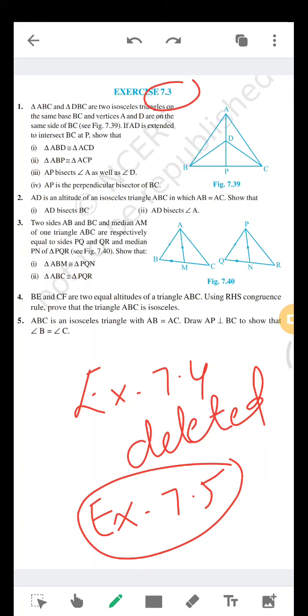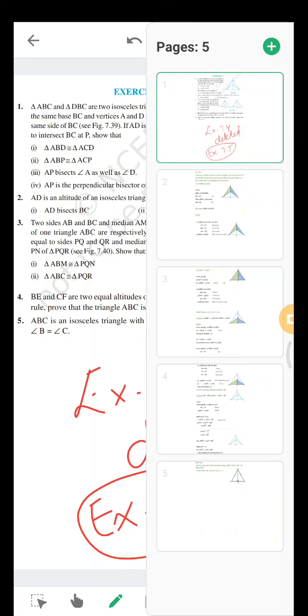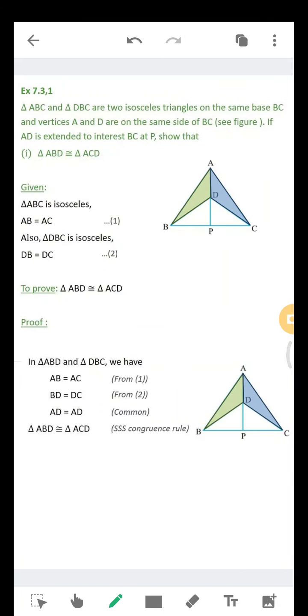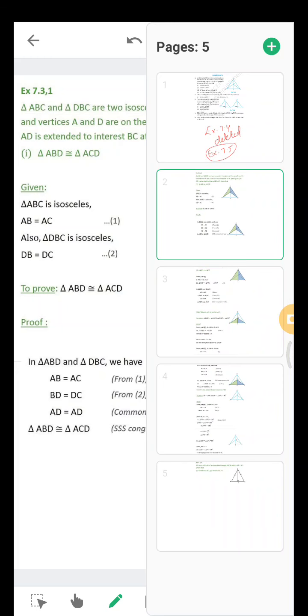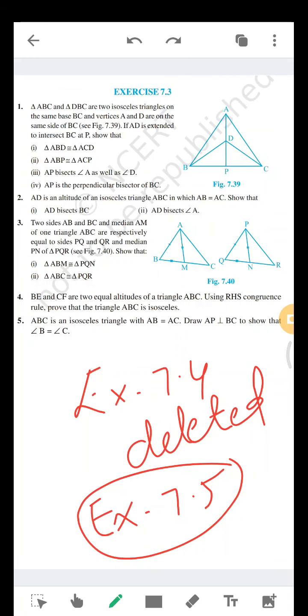So in this exercise 7.3, question number 1 you have to try on your own. For your reference, I have simplified the question. Everything is simplified. I even gave you all the solutions. Why I'm asking you to simplify is because I explained all the rules and we applied all the congruency rules in the first exercise.